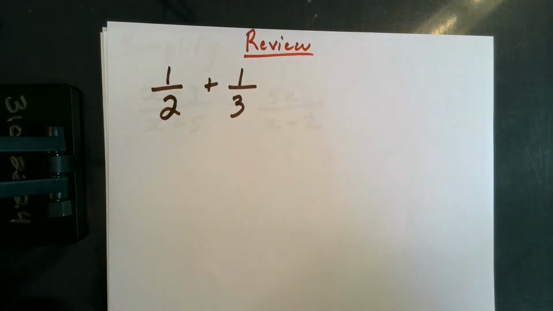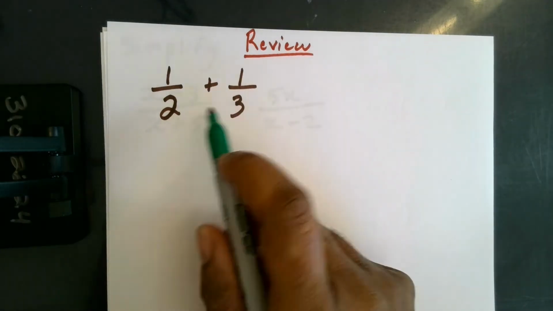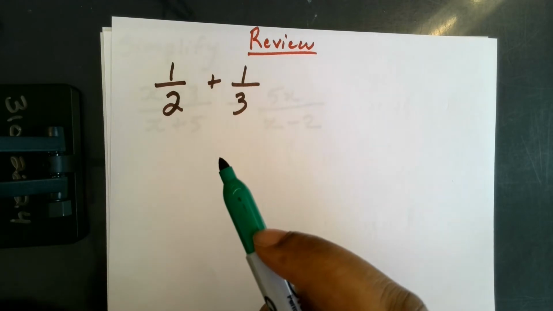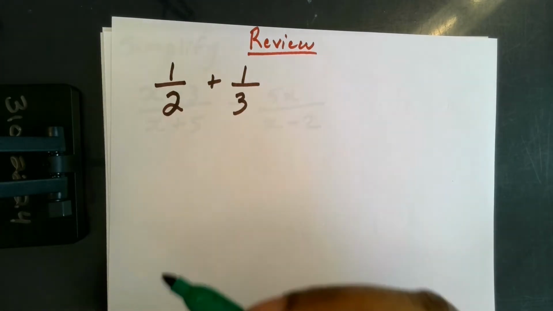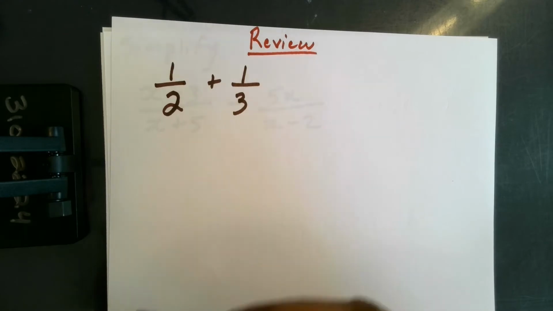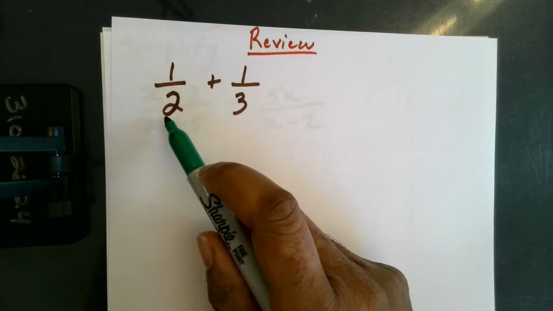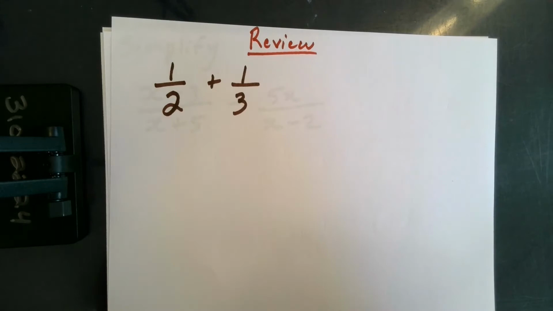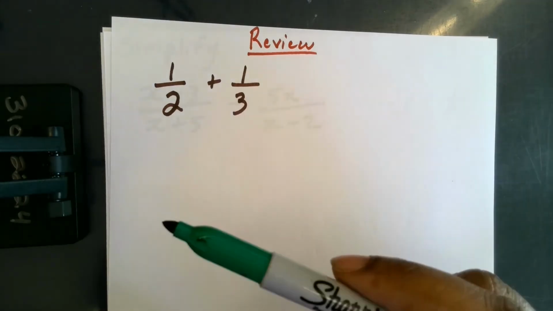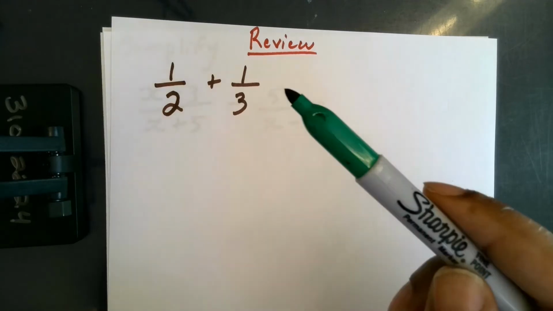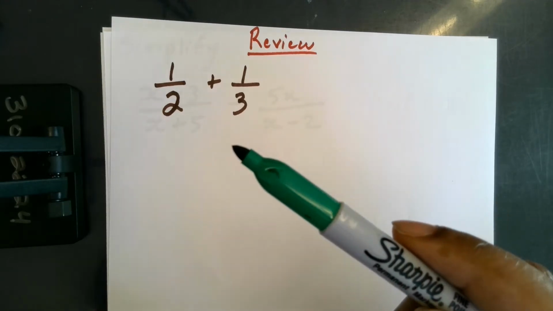Any common multiple would work. Yes, but we are going to focus on finding the least common multiple, the smallest multiple of 2 and 3, the smallest number that 2 and 3 can divide into without leaving a remainder.